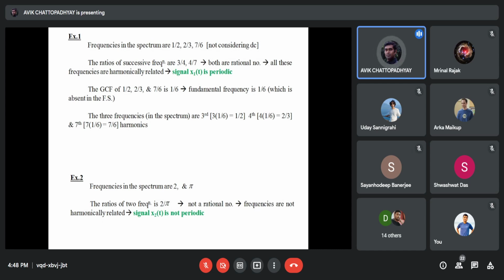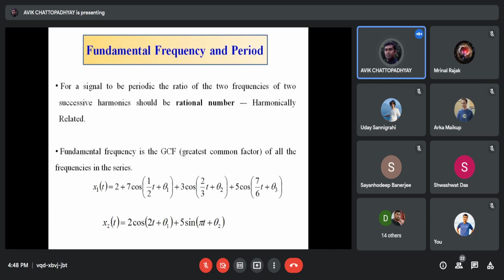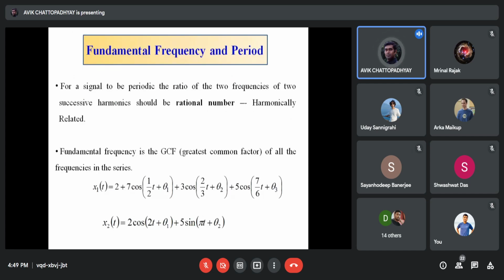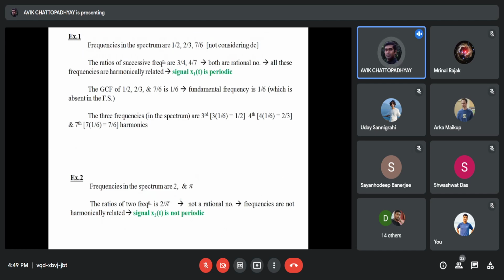You also know how to find the fundamental frequency in this case. If you want to find the fundamental frequency, you have to go for the GCD. If you do the GCD, it comes out to be 1/6. Now, interestingly, if you look at the representation, there is no frequency component with the value 1/6. Only the frequencies half, 2/3 and 7/6 are present.